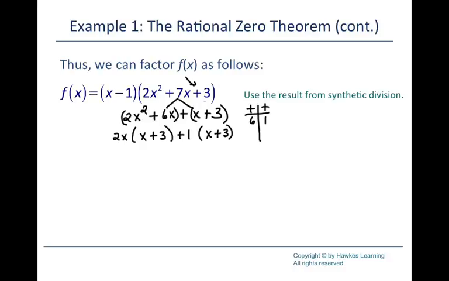Now, one of my factors is the numbers in front. So one factor is 2x plus 1. And the other one is the parentheses, but it just comes down as one time. So if you factor out an x plus 3 from this line here, you would end up with x plus 3 outside and 2x plus 1 in parentheses.